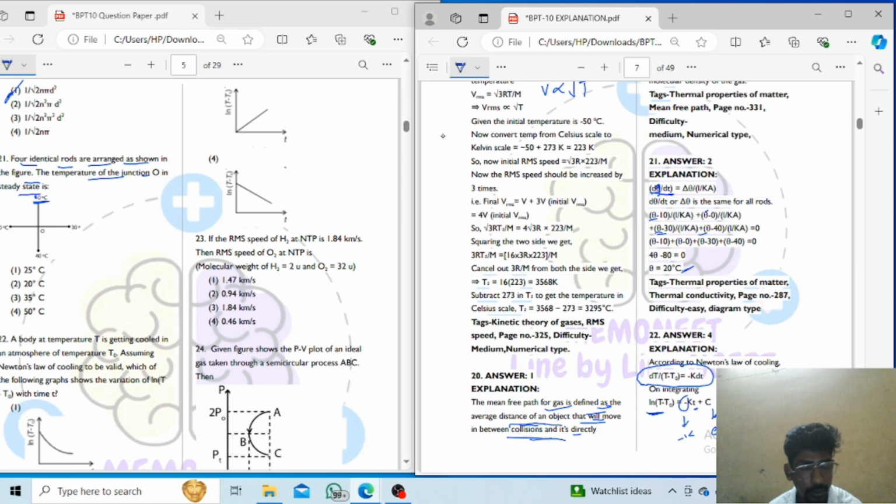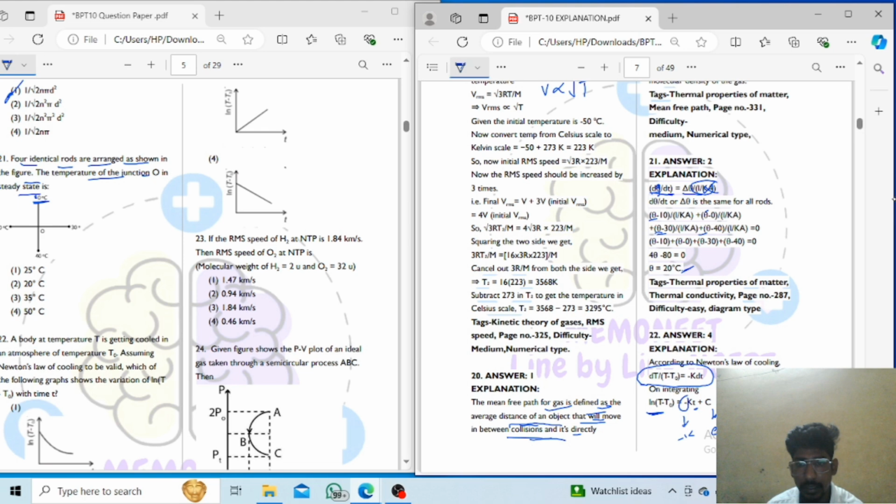So theta minus 10 for the first, theta minus 30, theta minus 40, theta minus 0. That means 4 theta minus 80 equals 0. So theta will be equal to 20 degrees. Simple concept: if the rods are connected, the heat supplied will be equal.